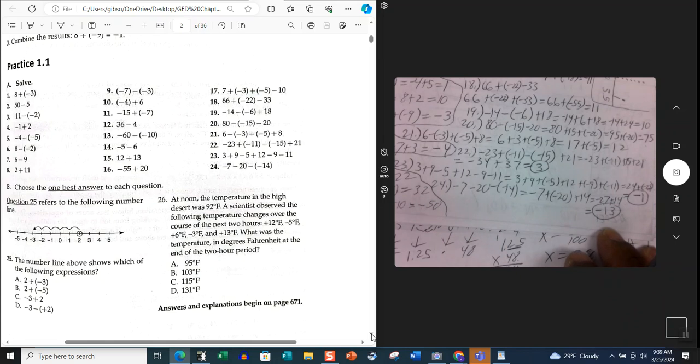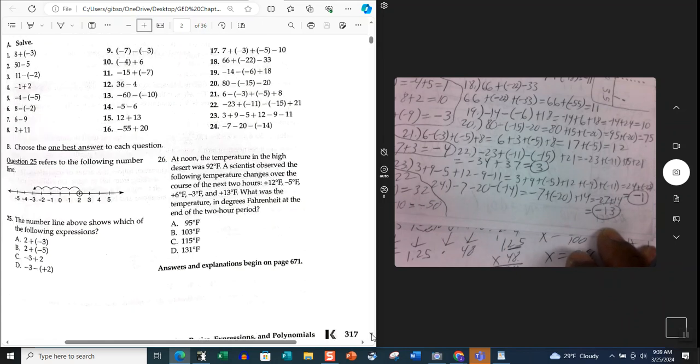Now we move down to problem 25. It says question 25 refers to the following number line. So we look at this number line here. It says the number line above shows which of the following expressions. So what we have to do is look at where we start, with positive 2. Now, if you notice, all of these have a positive 2.